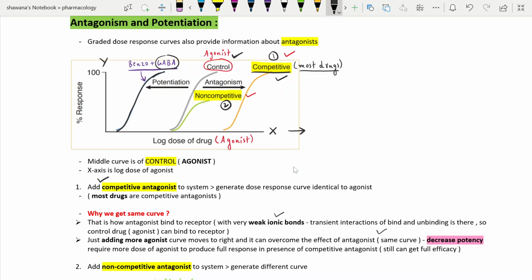For example, we considered GABA as the agonist. It's the control drug. When we add GABA alone, it can open the chloride channels well by itself. But when we add benzodiazepine to that system, it will increase the effect of GABA. It will potentiate the activity of GABA. And so, what would you expect?